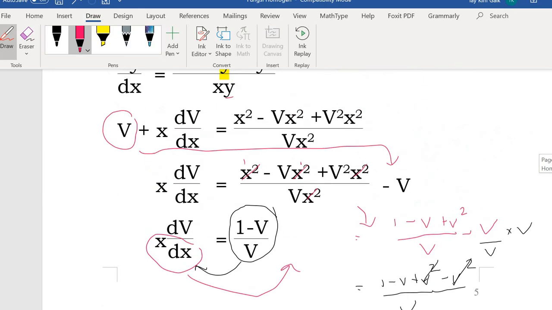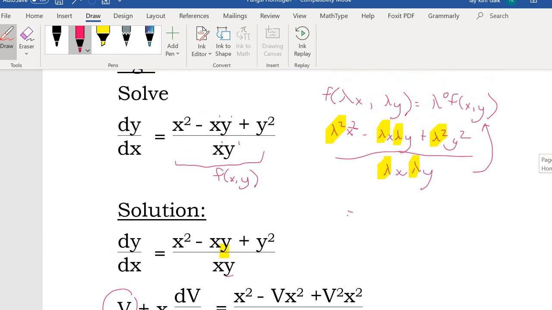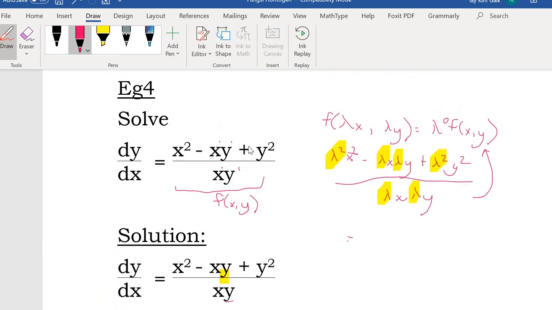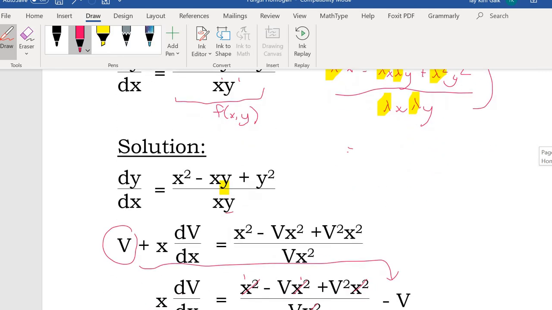So as what I said, given the first order differential equation, if you can separate the function of x to dx, y to dy, then you use the separable equation technique. Otherwise, you replace the f(x,y) here, replace x by lambda x, y by lambda y, and if you can get it is equal to lambda power 0 f(x,y), this is what we call homogeneous equation. So to solve the homogeneous equation, it's very simple.